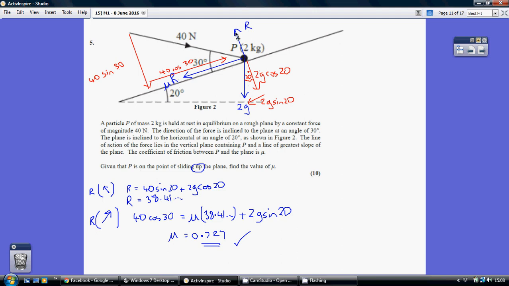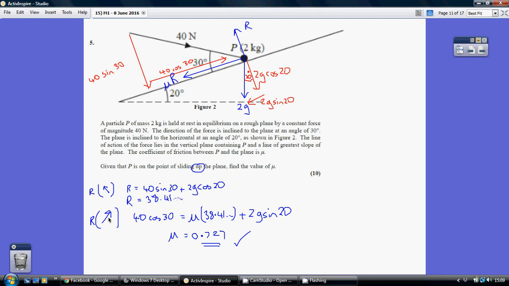So resolving perpendicular to the plane, my only force going upwards is R, so that's going to equal the two forces going downwards, which are R sin 30 and 2g cos 20. So R equals these two added together, which is about 38.41 newtons.